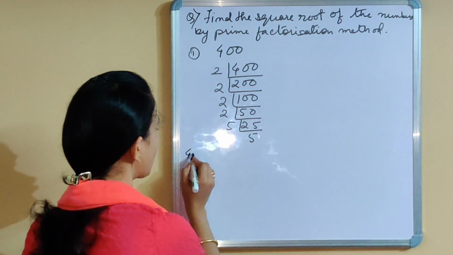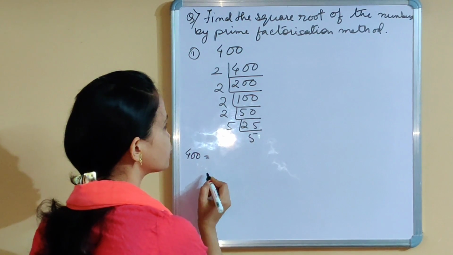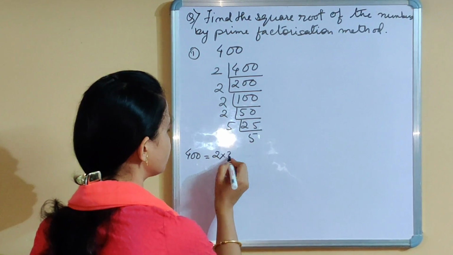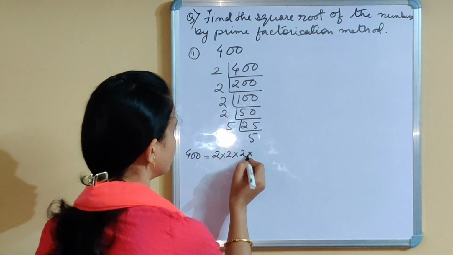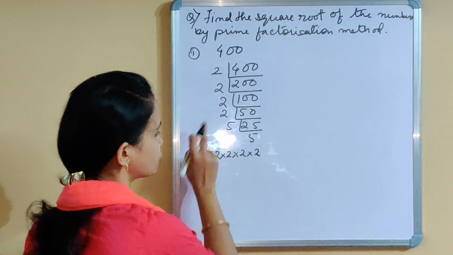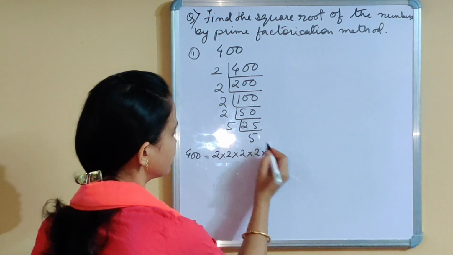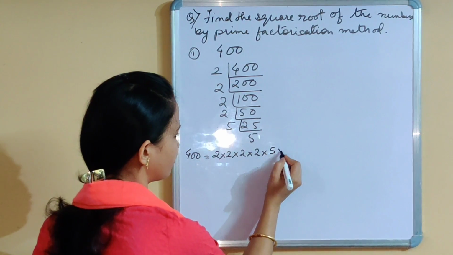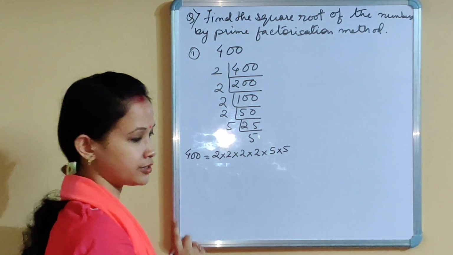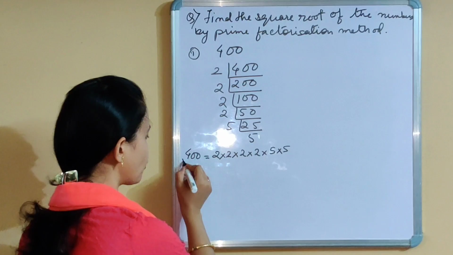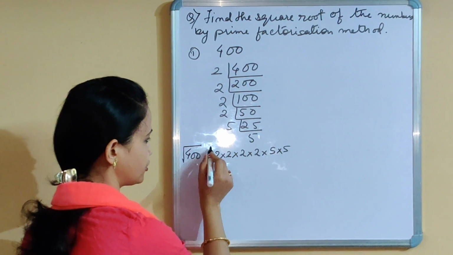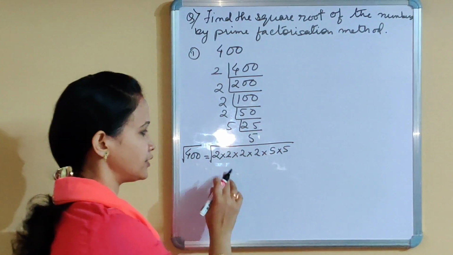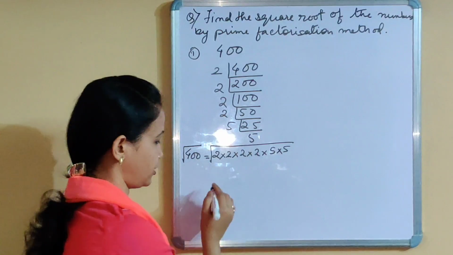Now 400 I can split in this way: 2 into 2 into 2 into 2, here there are 4 2's, and 5 into 5. Now square root of 400, square root of these prime factors.